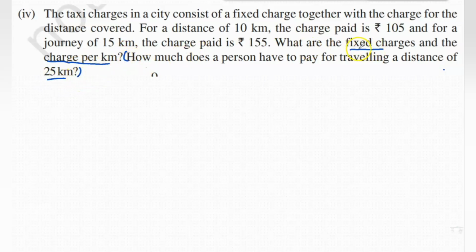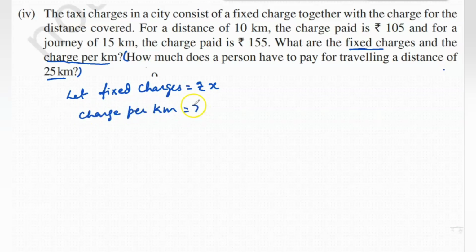First of all, we need to find the fixed charges and the charge per kilometer. Let us take these two as two variables. Let the fixed charges be some x rupees, and let the charge per kilometer be some y rupees.